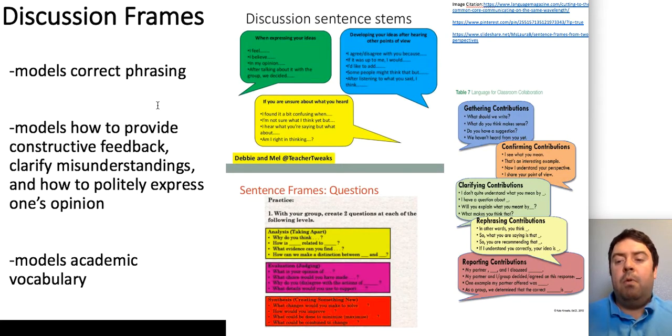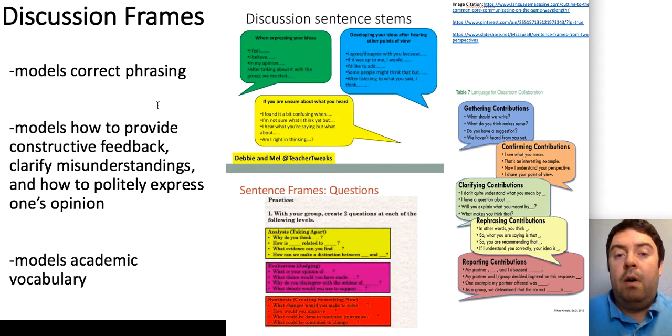Another way to support ELL students is to provide students with discussion stems. Discussion stems are very similar to sentence stems. Another term could be discussion frames. They're actually primarily not so much for writing like sentence stems, but they're more for oral communication. So discussion frames give students kind of a clue of how to appropriately respond or to communicate their point of view.